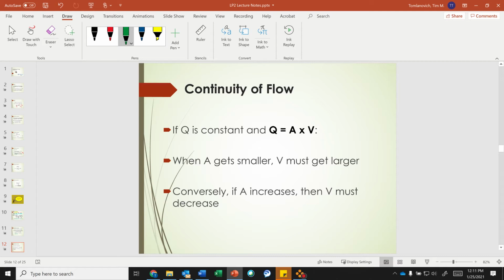So they're inversely proportional to each other. So A gets bigger, velocity has to go down. A gets smaller, velocity has to go up to maintain the constant Q. As long as I don't touch that faucet knob, the same amount of flow is coming out, in cubic feet per second.